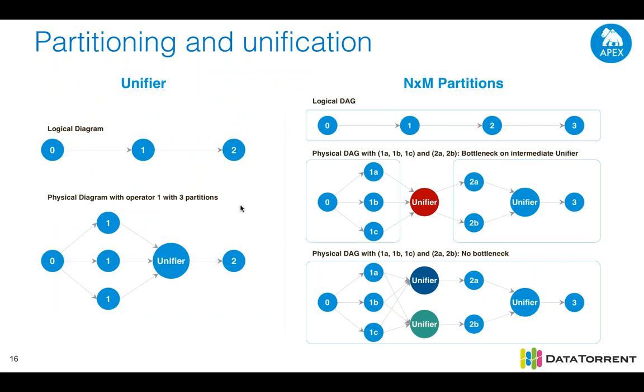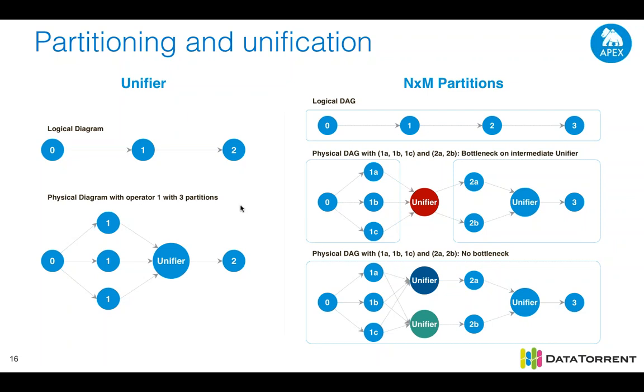This is the core, a core concept that's supported in the platform, because to process big data at large scale, you have to partition. You need to have multiple instances of your logic running, each of them processing subsets of your data, right? So here, on the left, I have an application built with 3 operators: 0, 1, and 2.